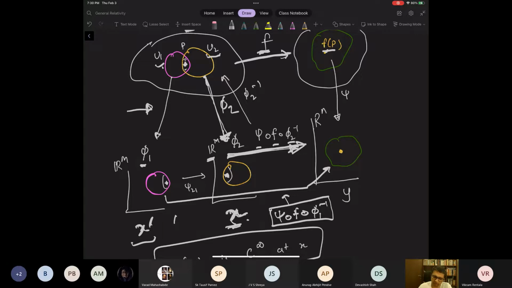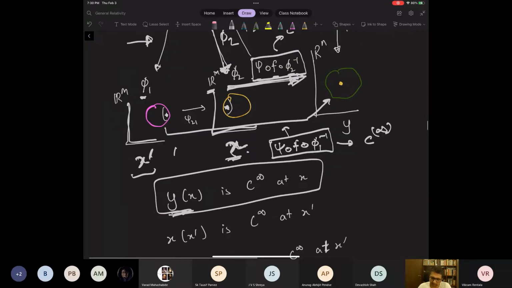So we've defined differentiability using a particular coordinate system. Does the fact that this function is C infinity imply that this other function is also C infinity? If it does, then the notion of differentiability has nothing to do with the particular coordinate system that we use. In any coordinate system used to describe this point P, the functions will be C infinity.